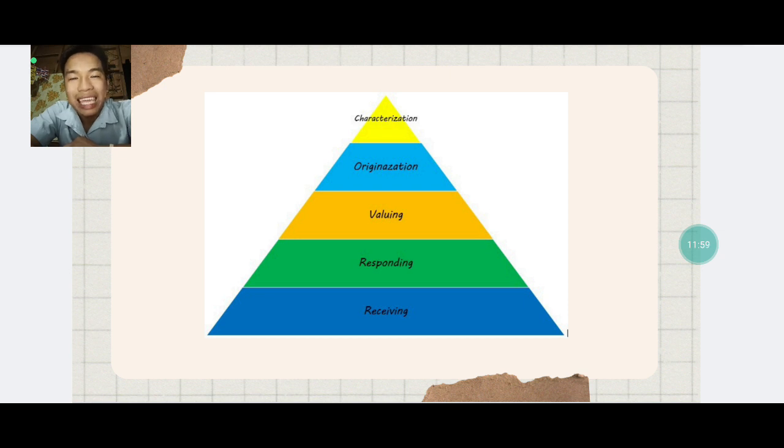You cannot get critical thinking if you skip the parts of the hierarchy that you saw on that slide. So if you want to develop critical thinking skills, you need to take every step of this hierarchy.